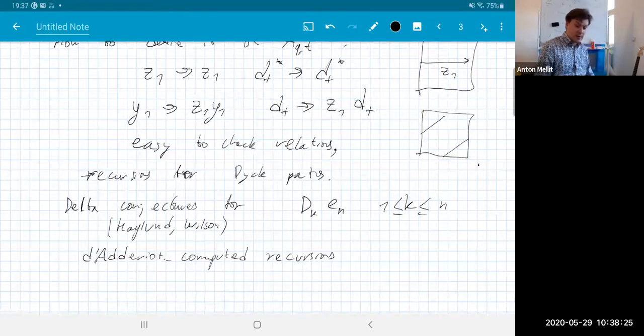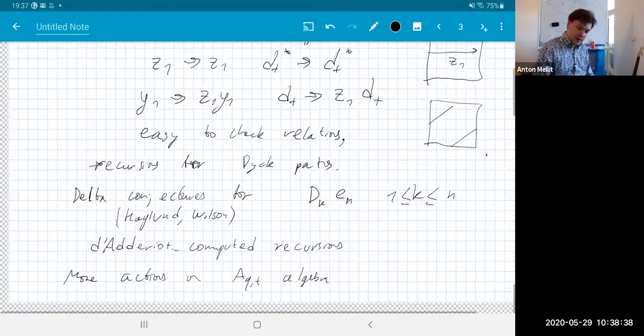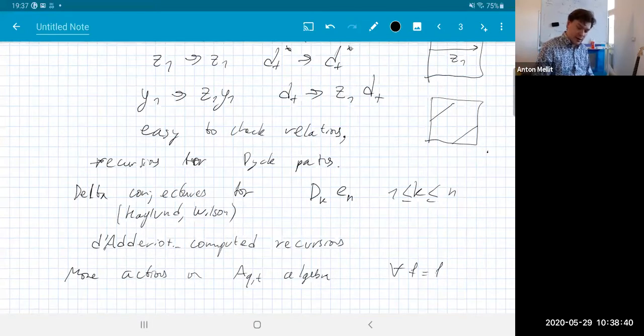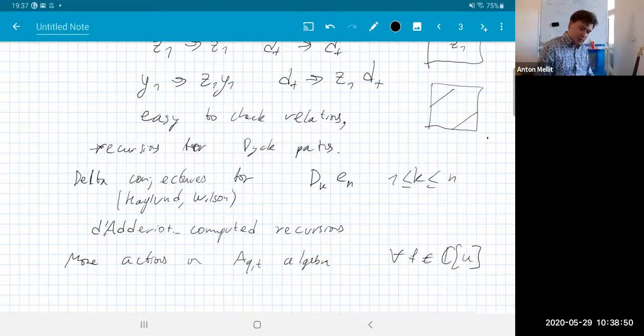And it turns out that there are more actions on the AQT algebra, where for any function f of z of one variable, you can define d plus to send it to f of z1 times d plus.